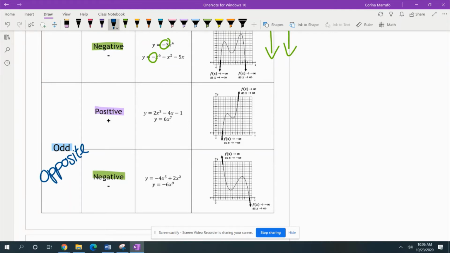If it is an odd degree and the leading coefficient is positive, then our graph is going to be going up at the very end. It starts down first, but it's going to go up at the end. And if it is negative, it's going to start up, and then it's going to be going down at the end. Okay, so that's how we're able to do our end behavior. So this one would be starting up, but then at the very end, it goes down. But when it's a positive coefficient, it's going to start at the bottom and then rise up.